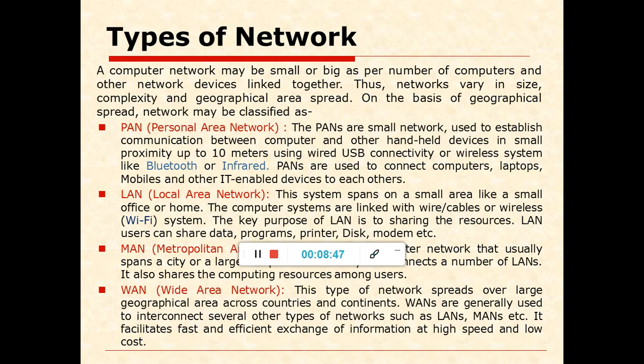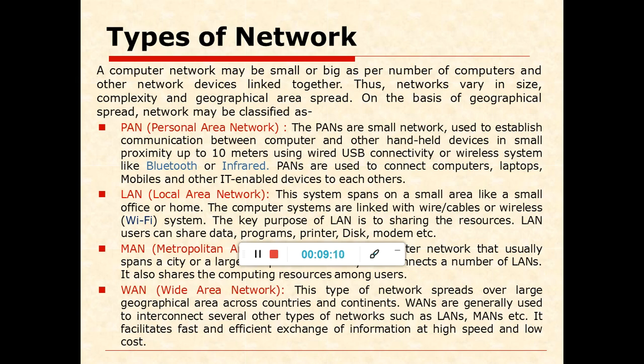Also, these systems can be linked in wireless mode. The best example for wireless LAN is Wi-Fi. We all know about the Wi-Fi system. With Wi-Fi we can connect from one system to another system or one smartphone to another smartphone.